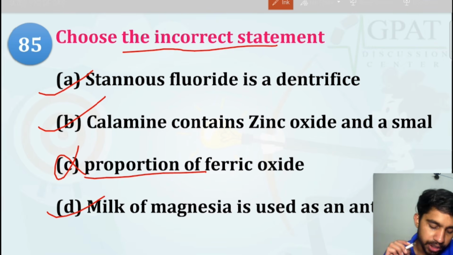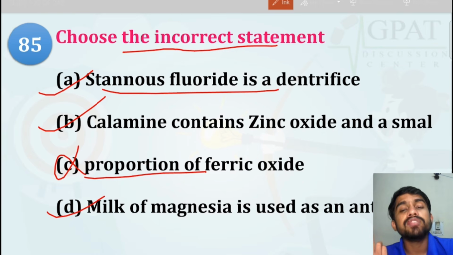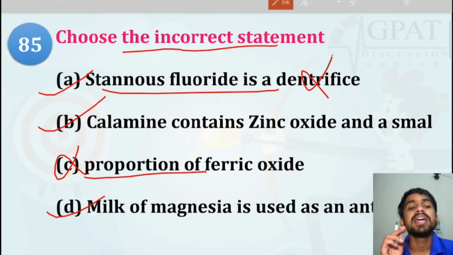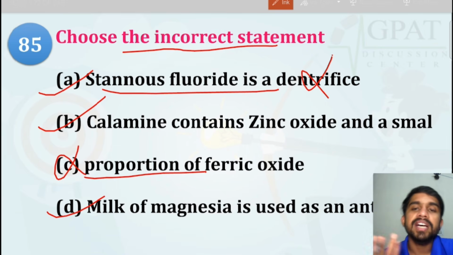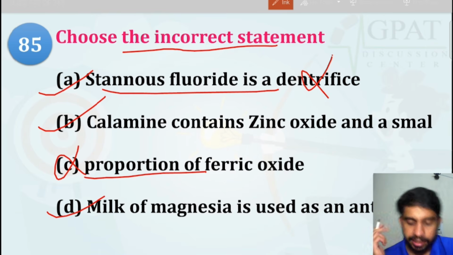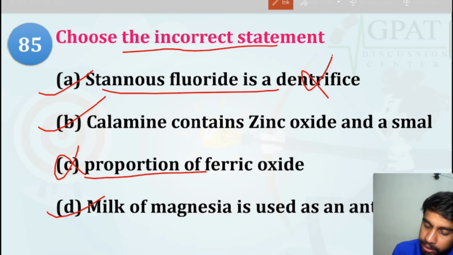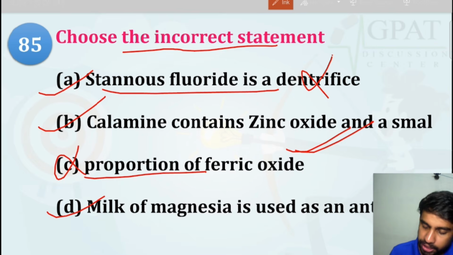So if you talk about the first option, stannous fluoride is a dentifrice. No, we don't use the stannous fluoride as a dentifrice. What is stannous fluoride? Stannous fluoride is an anti-caries agent. And what is dentifrice? Dentifrice means a tooth cleaning compound. But your stannous fluoride is an anti-caries agent here. And calamine contains the zinc oxide and a small proportion of ferric oxide. Yes, this is correct. And milk of magnesia is used as an antacid.